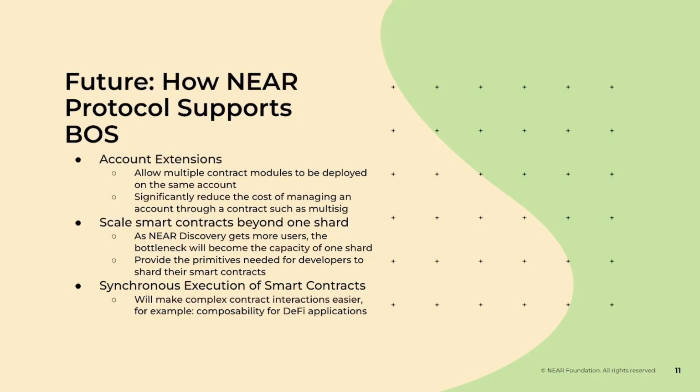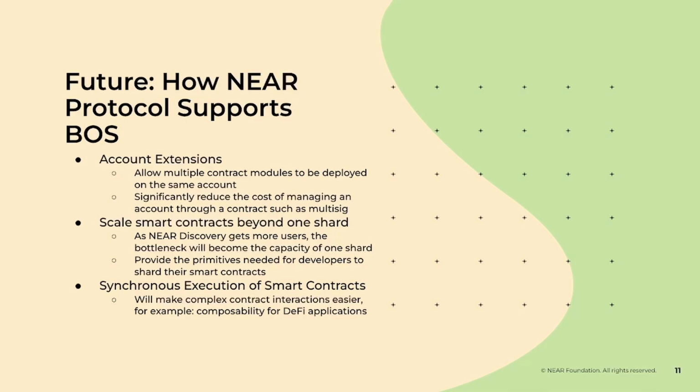And if you have a very popular smart contract, let's say the Near Discovery smart contract gets to 100 million users, then the developers of that contract pretty much have to think about how to shard the smart contract in a manual way to avoid congestion on a single shard. And that is not a great experience, and may also cause problems for other users as well.